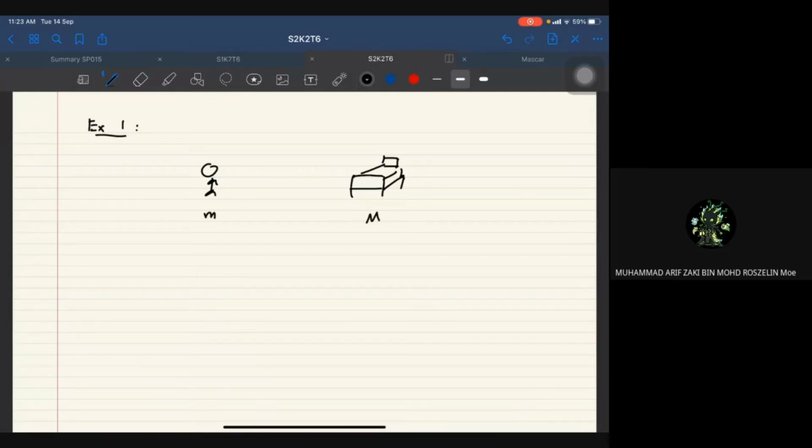Agree ke tak? Adakah kamu akan ada attractive force between those two? Apa kamu punya opinion? You have two mass. Do you have attractive force between those two? No. No. Okay. Lagi lain? Tak ada. Tak ada.